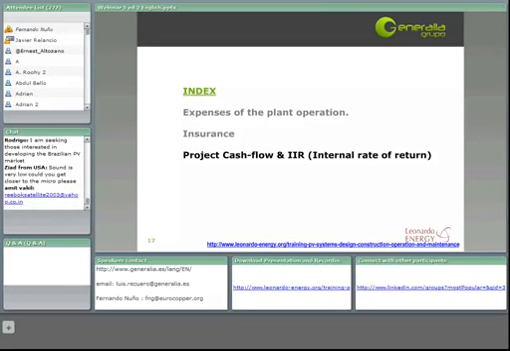So we will see market figures, we will see other features like desalination using solar energy, and as well we will see the solar resource assessment. So check the Leonardo Energy website for the second CSP training.